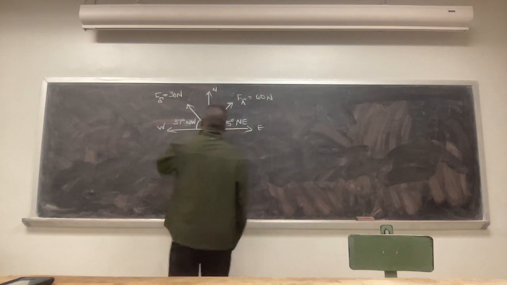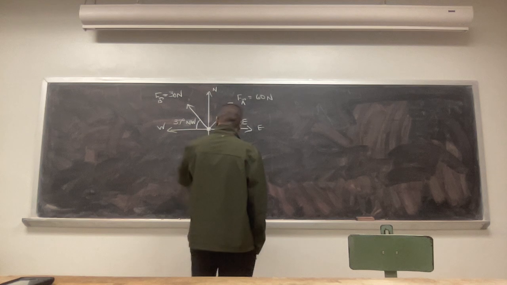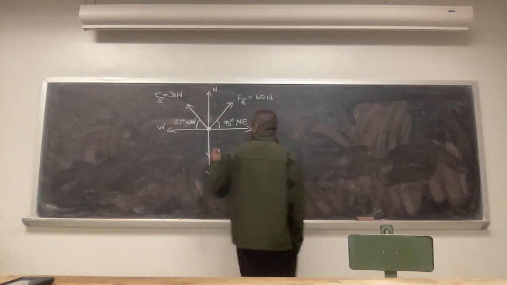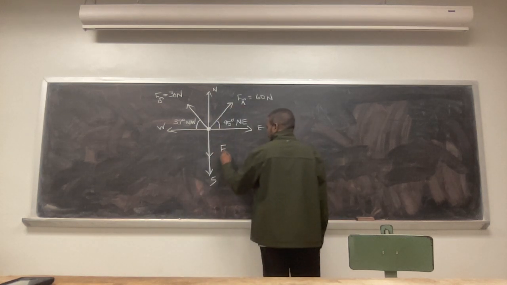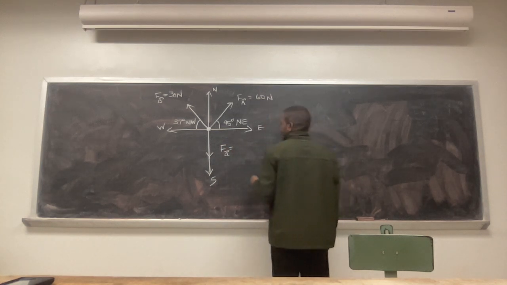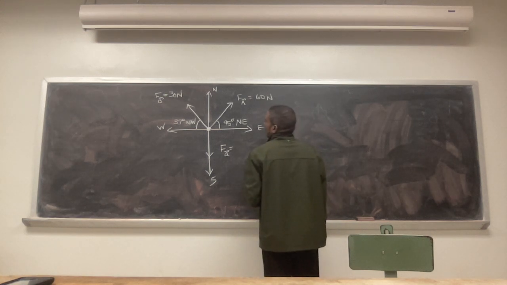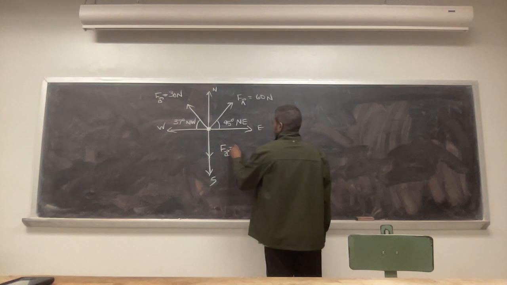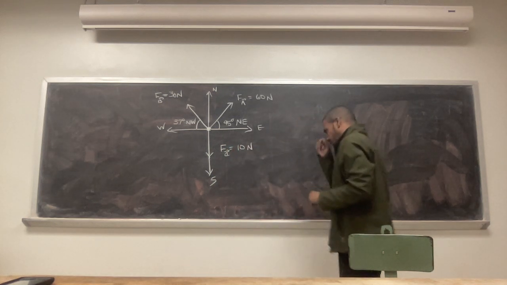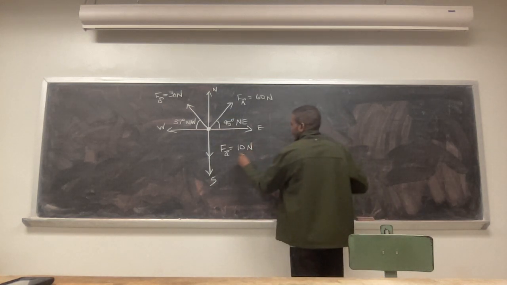Now, what if it had another force on it which goes straight down? We call that force C, and it has a magnitude of, let's say, 10 newtons, directly in the south direction.